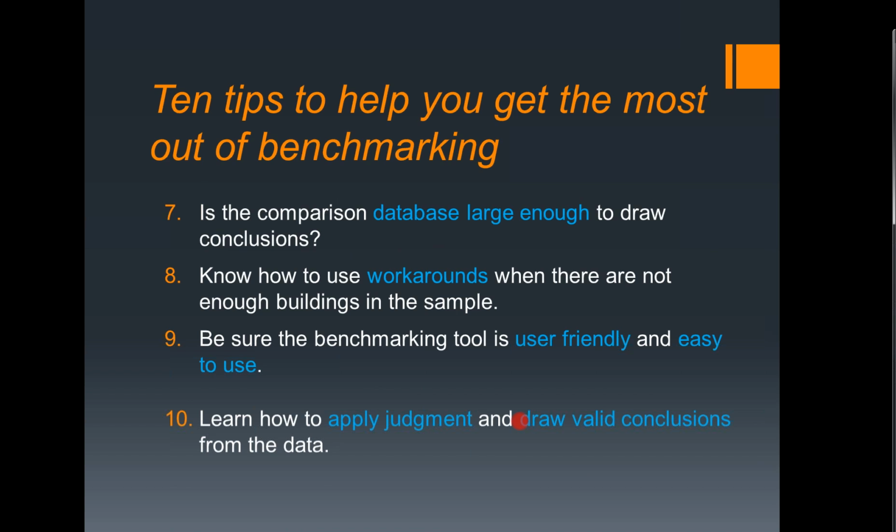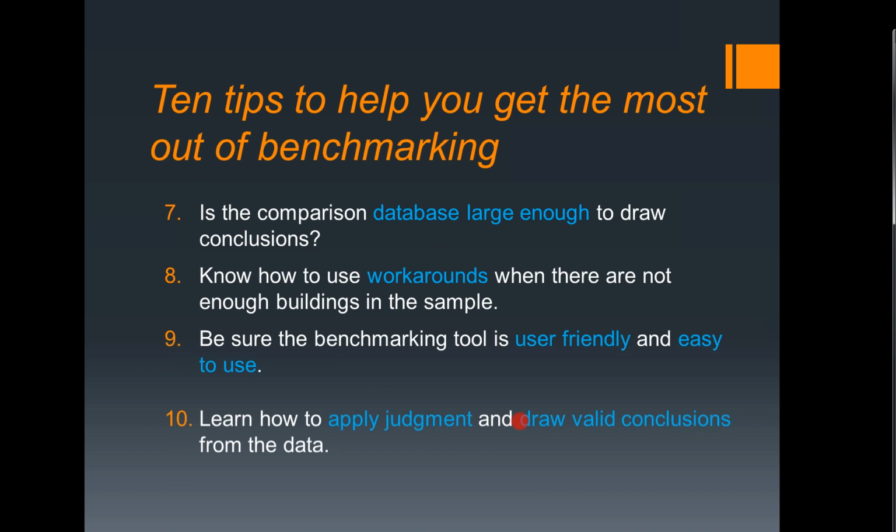So let's say you've got a building in Kalamazoo, Michigan. Let's say it's a hospital. You're not going to have too many other hospitals in Kalamazoo to compare yourself against. But if you're looking at energy consumption, you can find other hospitals in other climate zones that are similar. Or if you're looking at energy cost, you can find other hospitals in other areas whose kilowatt hour cost is going to be similar.